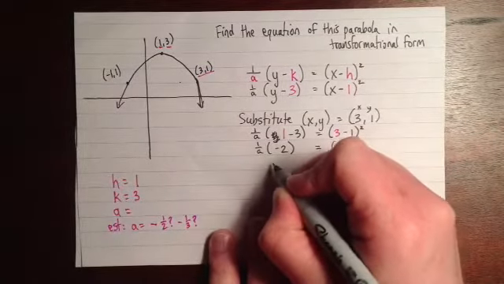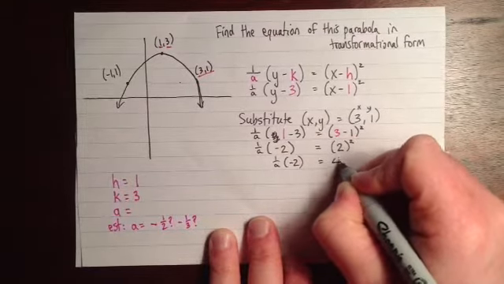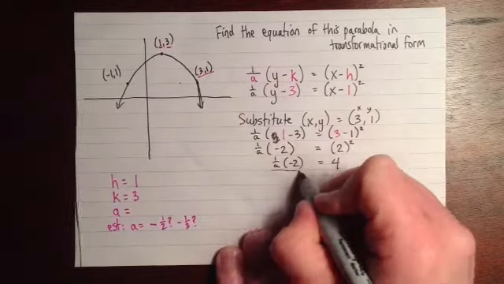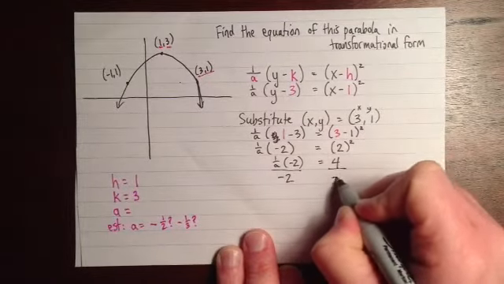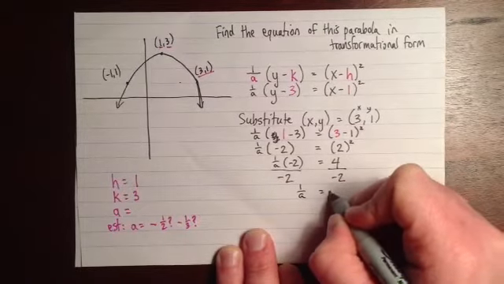Okay. And then I've got 1 over a times negative 2 equals 4. And now I'd like to isolate 1 over a, so I'll divide by negative 2. Now 1 over a equals negative 2.